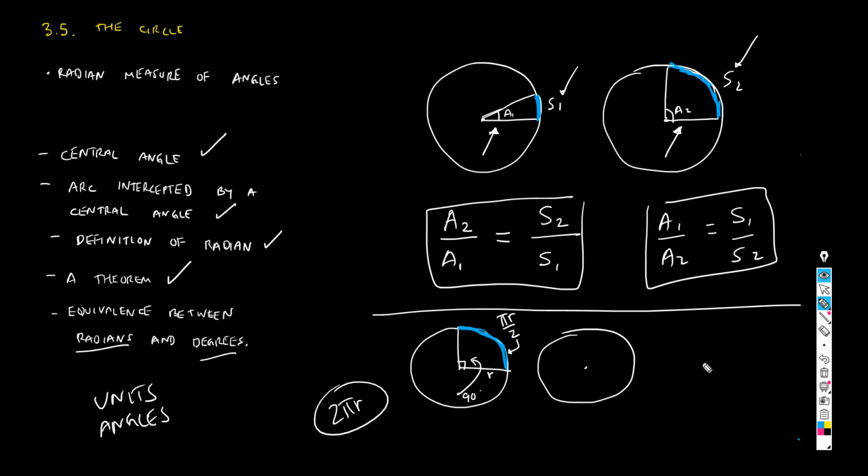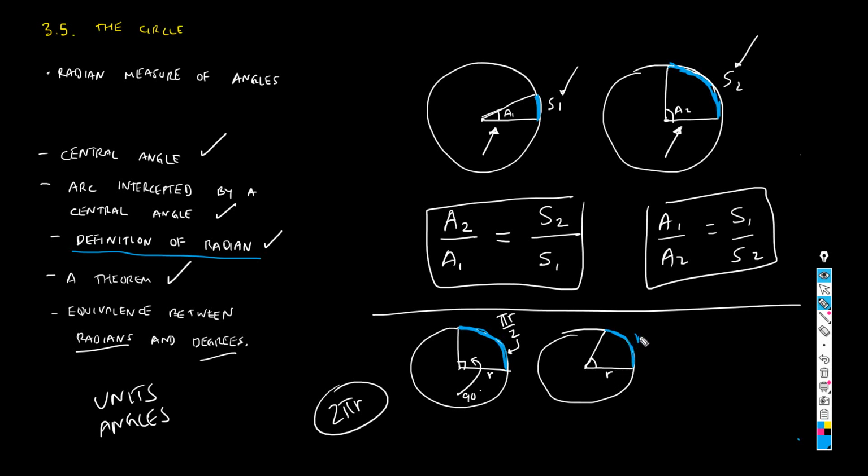That's it. Okay, now let me go over to this other circle and draw another central angle. This is the radius of the circle, so it should be labeled r. In this case, I'm going to draw 1 radian. So if this is 1 radian, then by the very definition of radian, this intercepted arc should measure the same as this radius.